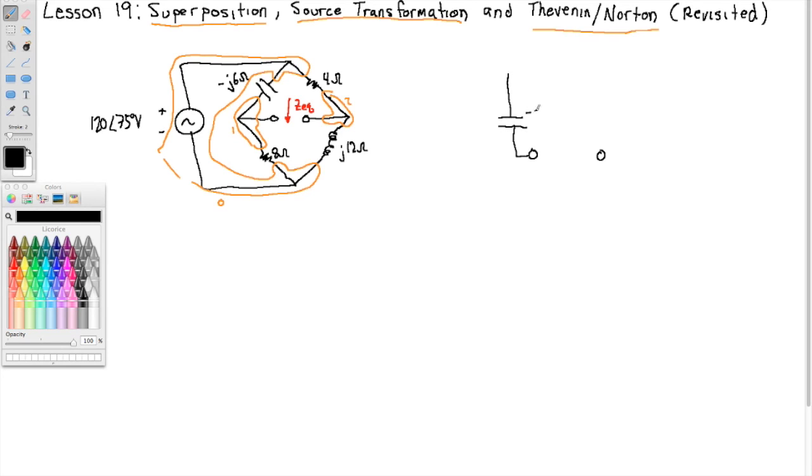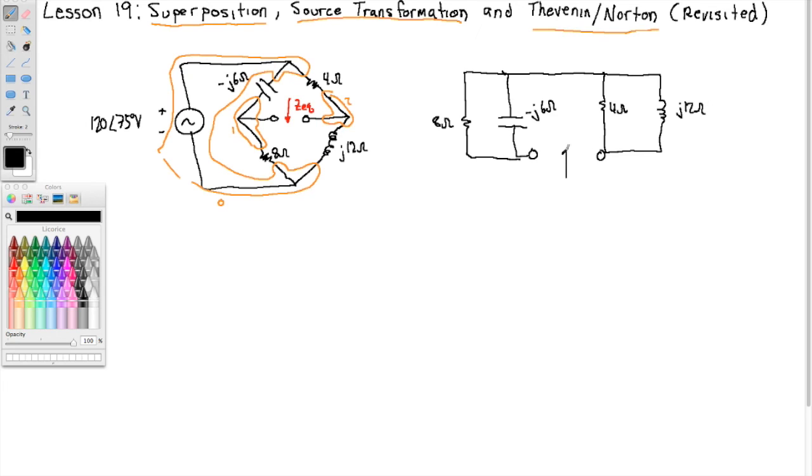So I've got my capacitor minus J6 ohms and 8 ohm resistor there. I've got a 4 ohm resistor and a J12 inductor there, and I'm looking for this equivalent impedance.